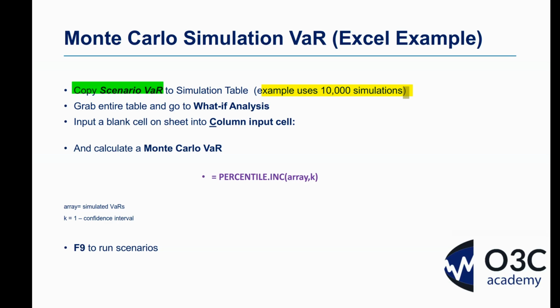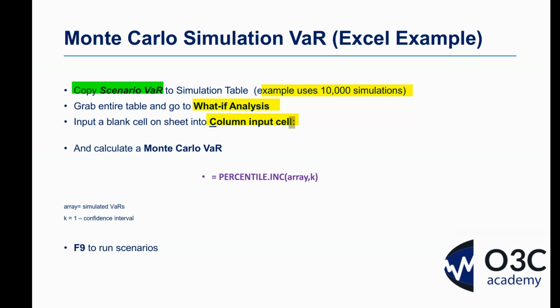I'm going to grab that entire table of these scenarios, and I'm going to go to the What If Analysis tab. And then when I get in the What If Analysis tab, for the column input cell, I'm just going to pick a random cell on the Excel spreadsheet, which will give me a random number, okay?